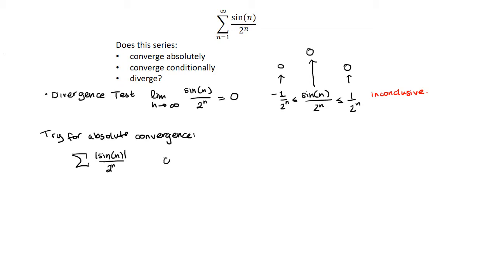So 0 is less than or equal to the absolute value of sine of n over 2 to the n, and this is less than or equal to 1 over 2 to the n, okay, for all n.